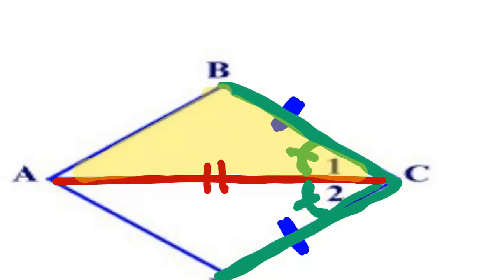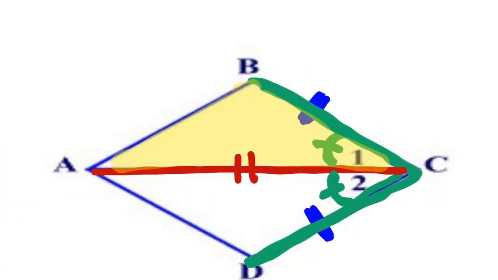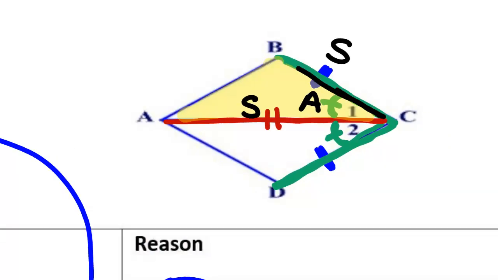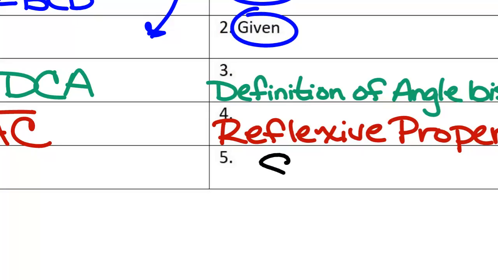Now that I've added this other side, do I have enough information to say these 2 triangles are congruent to each other? Yes, using what? Using side, angle, side. The 2 sides run together and they meet at this angle that we have marked. So side, angle, side would be my last reason.